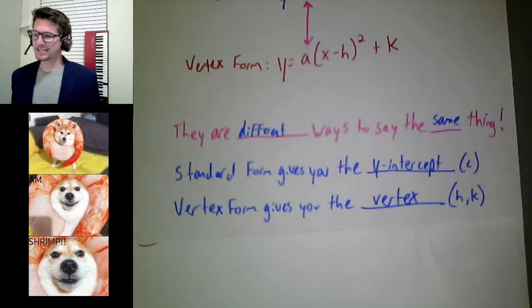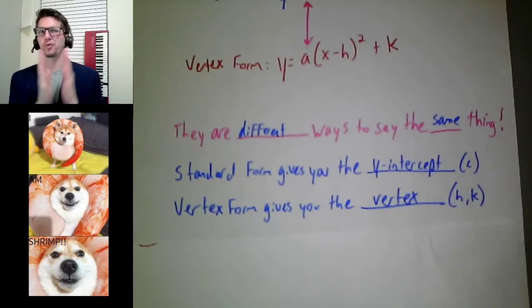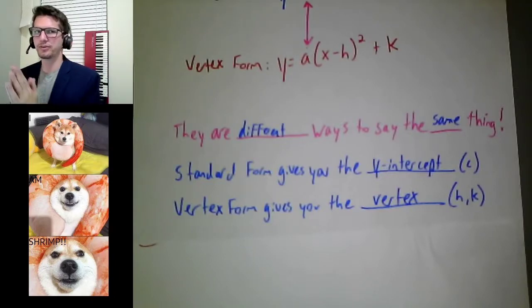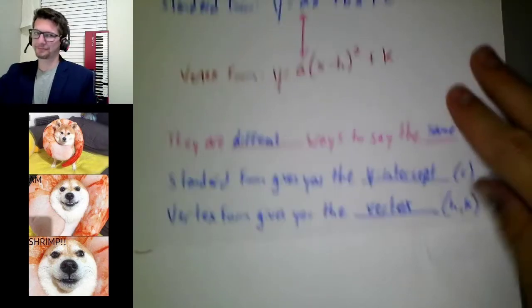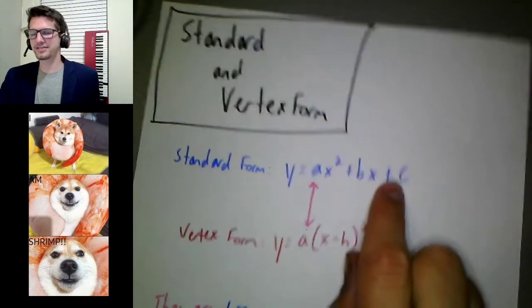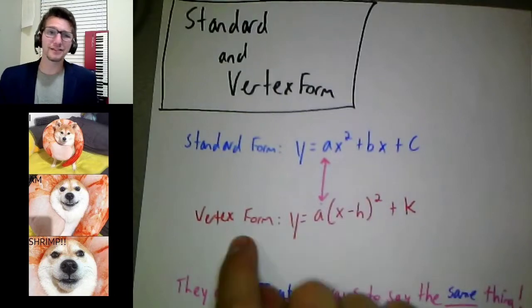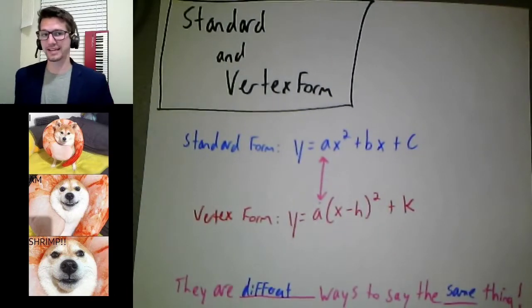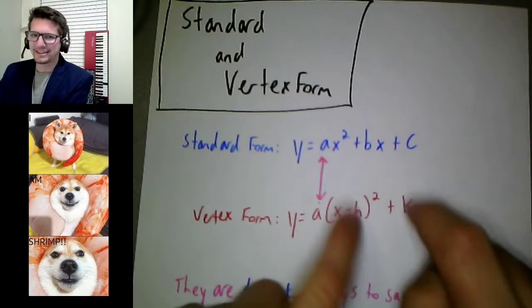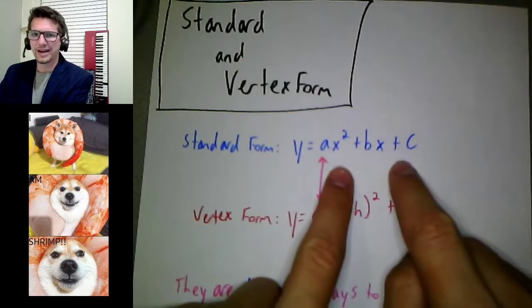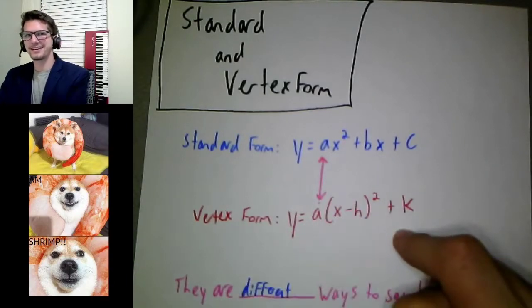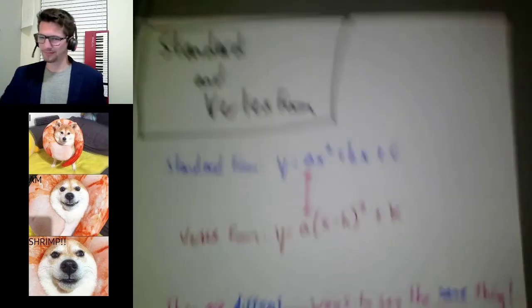So let's talk about if I gave you one, how you would find the other. If I gave you a standard form equation and I told you, hey, I need the vertex form, I need to know what the vertex is, there's no h and k here. So how would you turn that into this? That's what I'm showing you today.